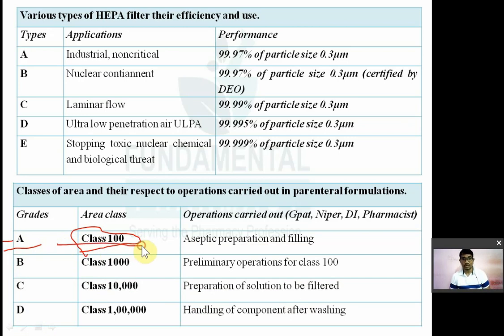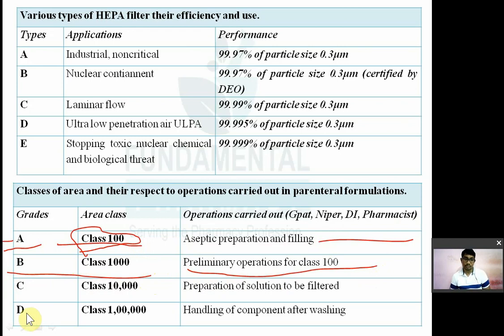So it is used for aseptic preparation and filling. Then again grade B area, it is also known as a class 1000 area, and class 1000 means not more than 1000 particles per cubic feet of 0.5 or larger size. So it is used for preliminary operations of class 100. Now grade C means what?